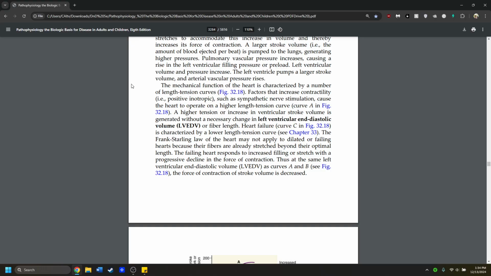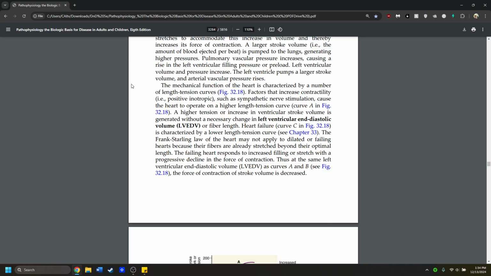Heart failure is characterized by a lower length tension curve. The Frank-Starling law of the heart may not apply to dilated or failing hearts because the fibers are already stretched beyond their optimal length. The failing heart responds to increased filling or stretch with a progressive decline in the force of contraction.